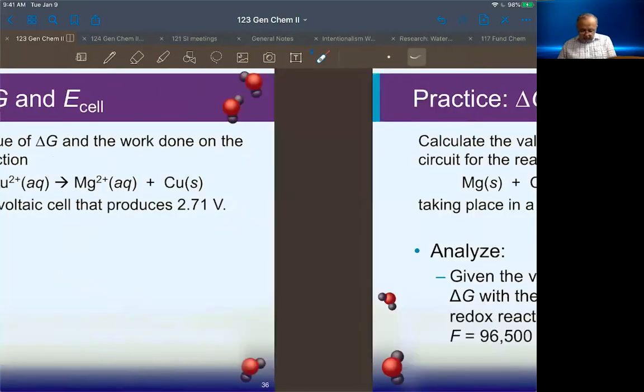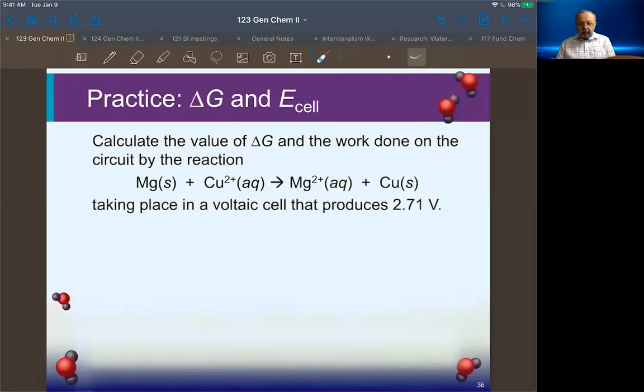So we can say delta G then is going to be minus NF E of the cell.